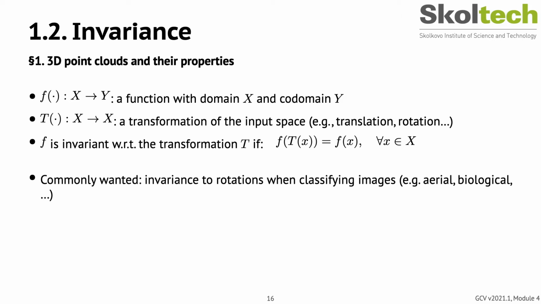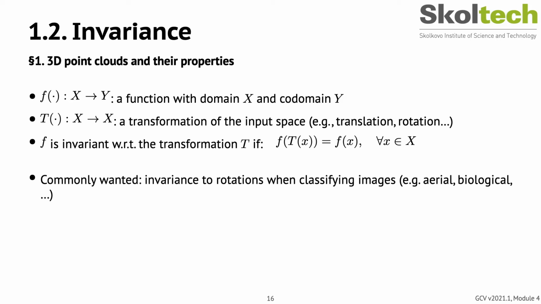Let us start with invariance. Let f be a function implementing a particular mapping from an input space x to a space of outputs y. Let t be a transformation acting in the input space, such as the translation or rotation of the input.